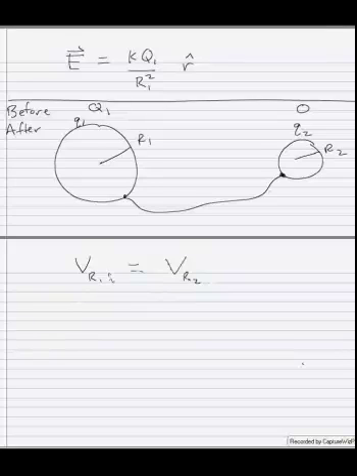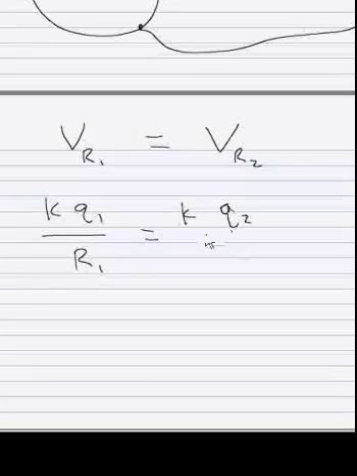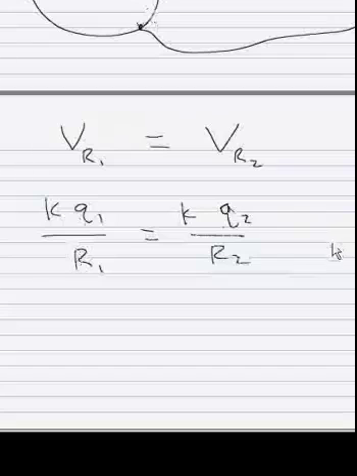And using the result we got in the first part of this problem, I have K q1 over R1 has to equal K q2 over R2. The potential on the surface of one sphere has to be the same as the potential on the surface of the other sphere.